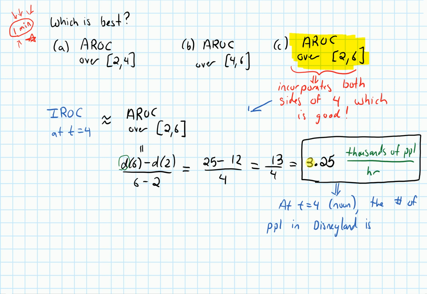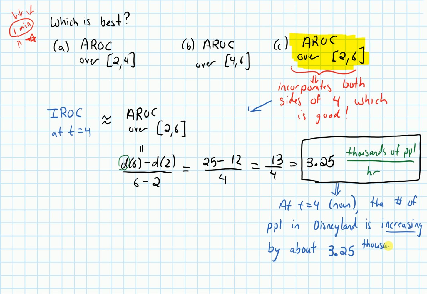So the fact that this is a positive number means that the number of people in Disneyland is going up. So I can say that it's increasing because this is a positive number.